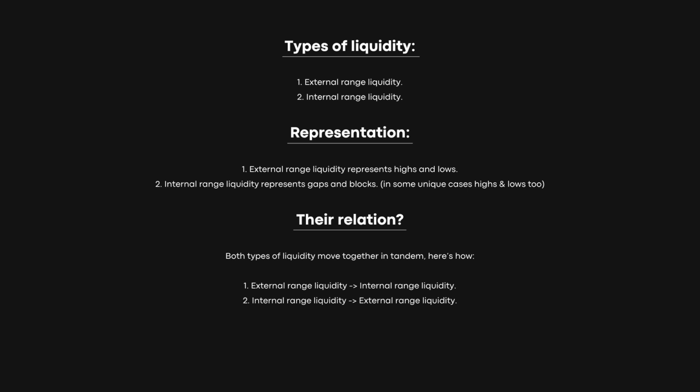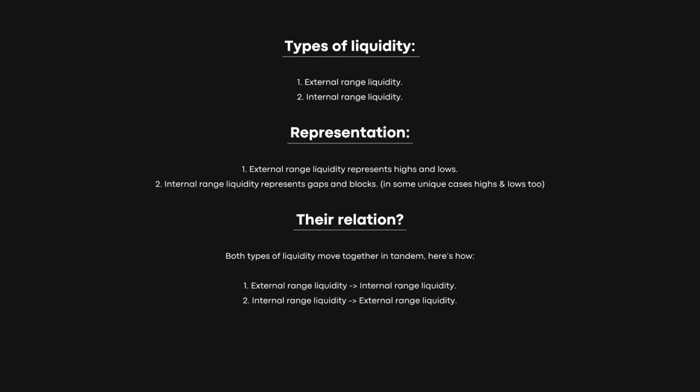Now, each one of them has its own characteristics and price reacts to them differently. The first one being external range liquidity or ERL refers to the highs and lows or swing points on the charts. These are the obvious areas where stop losses from both retail and institutional participants tend to sit. So naturally, these areas become liquidity pools that price is drawn to.